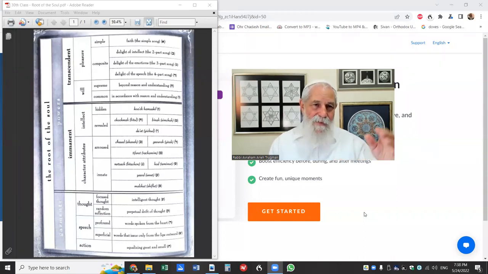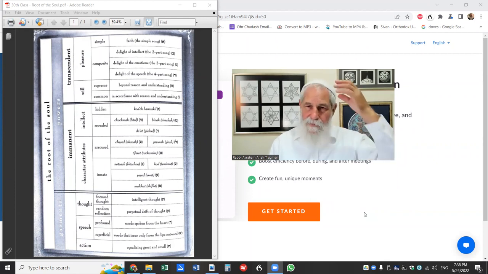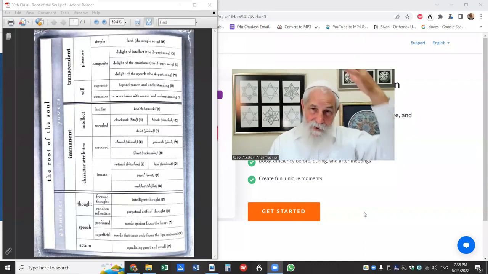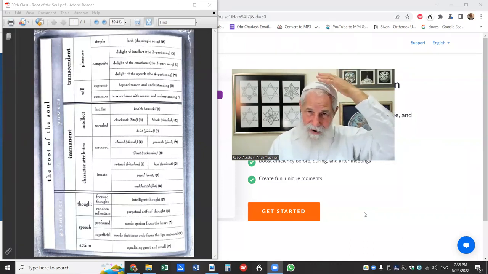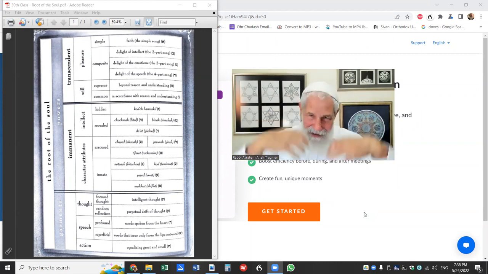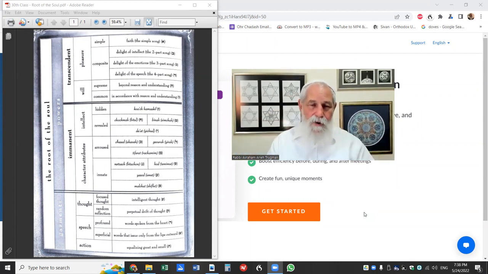And we can see from the powers of the soul that we are quite literally going from the head down, from the transcendent, above our heads, into the intellect, into the emotions that are very connected with the body. And these are the powers of the soul in a hierarchical kind of construct.